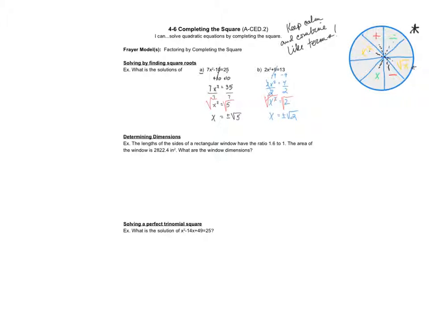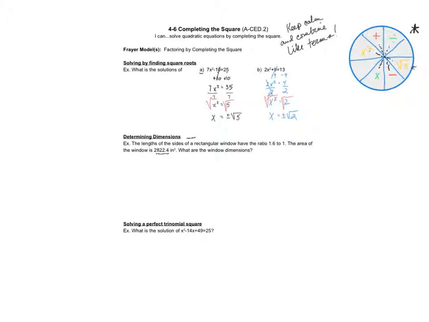As I continue on with solving, I'm going to do this little word problem here, and it is determining dimensions. It says the length of sides of a rectangular window have a ratio of 1.6 to 1, and the area of the window is given. What are the window dimensions?